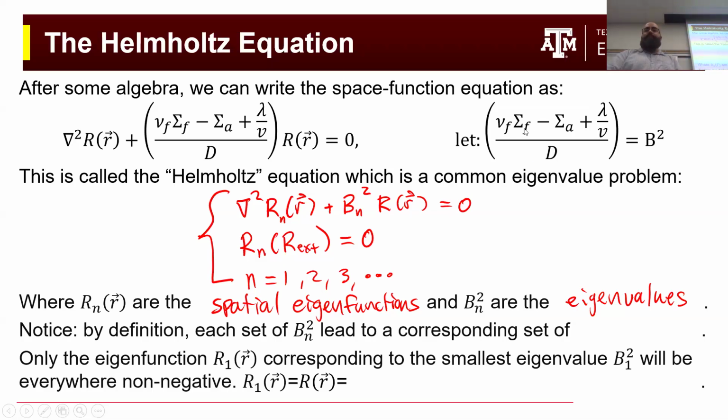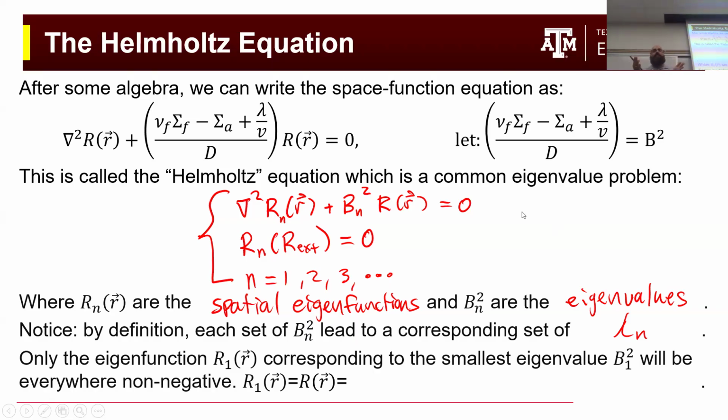The nu Sigma_F, the Sigma_A, and the diffusion coefficient are all material properties. V is the average speed of those neutrons, so that's a neutron property. Lambda was just a constant that we introduced. So every time there's a different value of B, like B1, B2, B3, B4, every Bn is going to have a corresponding lambda n. So every set of Bn squareds leads to a corresponding set of lambda n's.